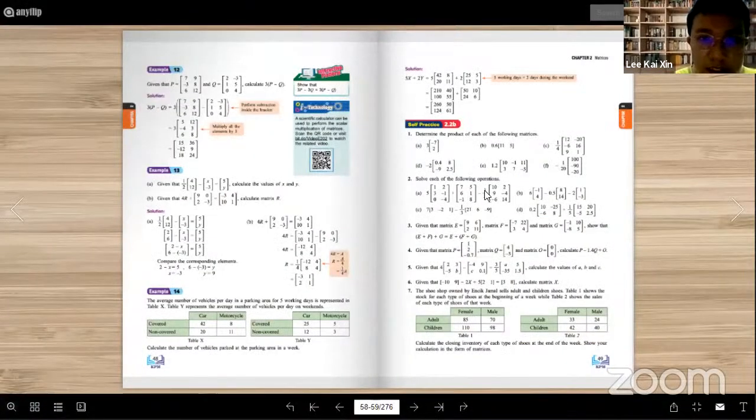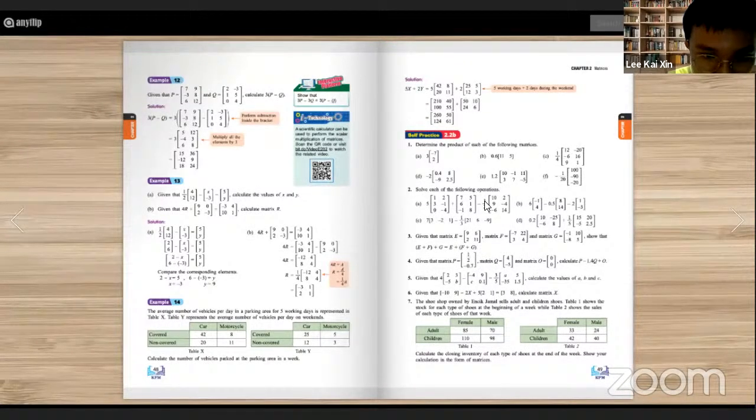But I still cannot zoom inside. Hold on, I'm figuring out what the issue is because I can't move the page. Okay, then we look at this part first.